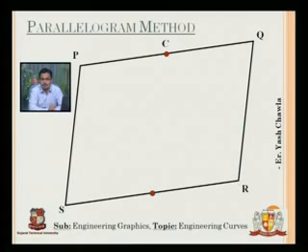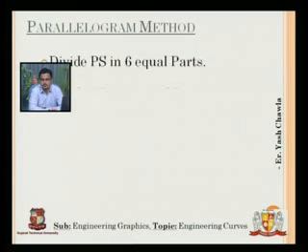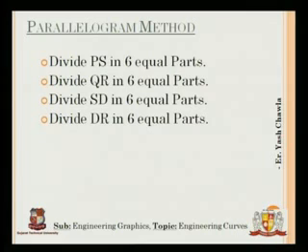Moving on, I'll mark the point of maximum height. Here again I have taken the midpoints C and D, and I've drawn this line CD. Now again the same thing I'll do. I'll divide PS, QR, SD and DR into 6 equal parts. As I did there, I divided that into 7 equal parts.